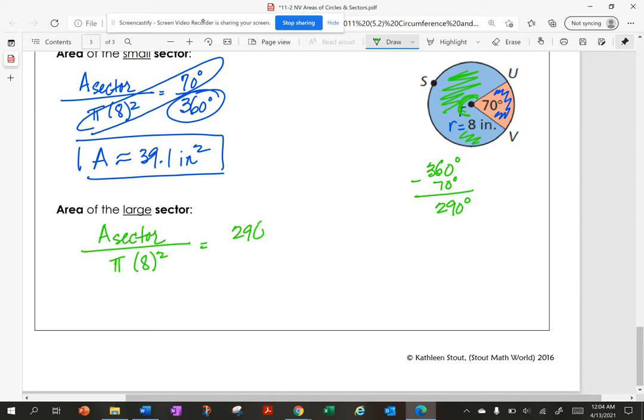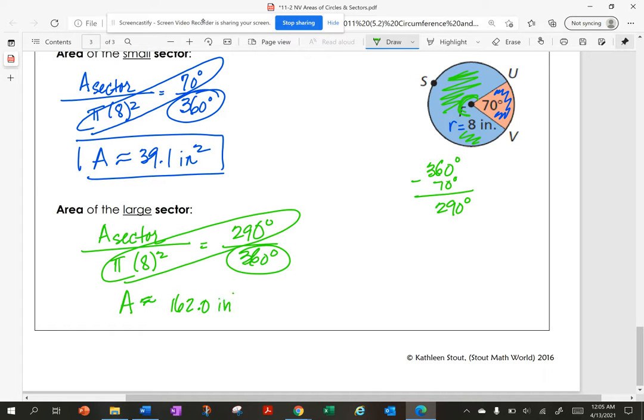So 290 degrees divided by 360 degrees. So to solve for the area of the sector, I'm going to cross multiply pi 8 squared times 290 divided by 360. So rounding, it is approximately 162.0 inches squared. Okay, that's it.